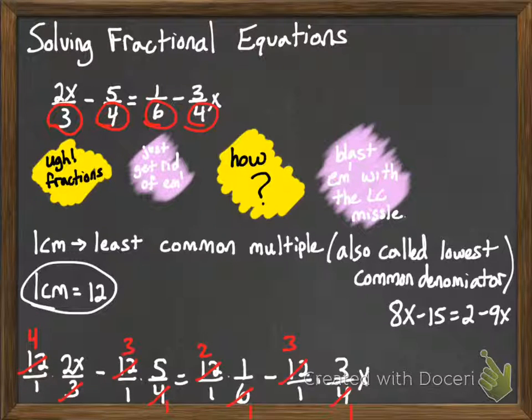Remember, solving an equation, we'd begin by simplifying each side if we could. Well, there's no simplifying that we need to do here. So at this point we decide we want the variable on one side. So we can accomplish that by saying, well, let's add 9x to both sides. That gets rid of the variable on the right-hand side of the equation and leaves it only on the left-hand side.